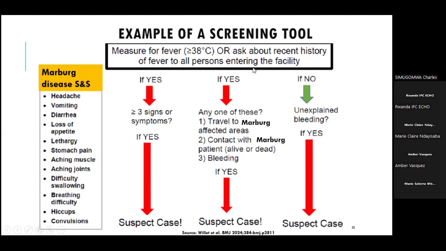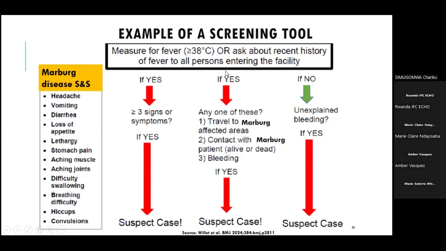A second suspect case is a person having fever who has traveled to a Marburg affected area. For example, in our setting, if you are at the Ruhengeri hospital and the person has fever and tells you he has been treated at Infant Hospital or at Sehashka, because these are the main hospitals where we identified many cases of Marburg, this is a person to be considered a suspect case.